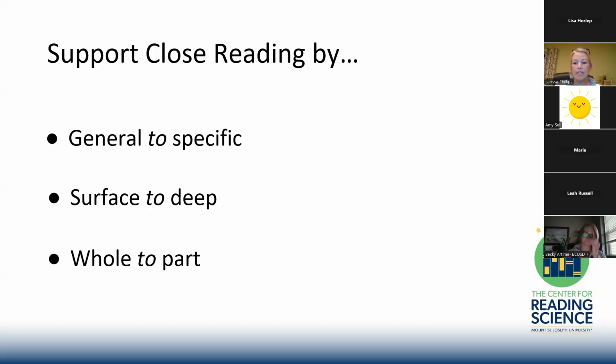And then ultimately, this approach supports close reading that is purposeful, coherent, and cognitively engaging, leading students toward independent analysis and synthesis of complex texts, which is really what we want all students to be able to do, right? That's the end goal, is for them to have that skilled reading, that analysis of complex texts.